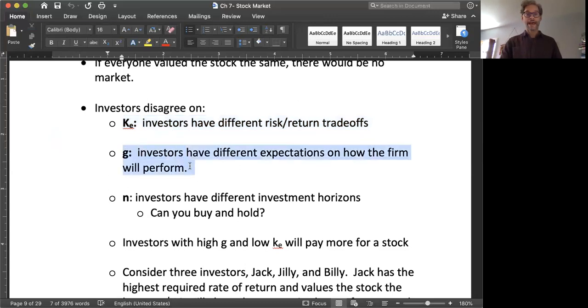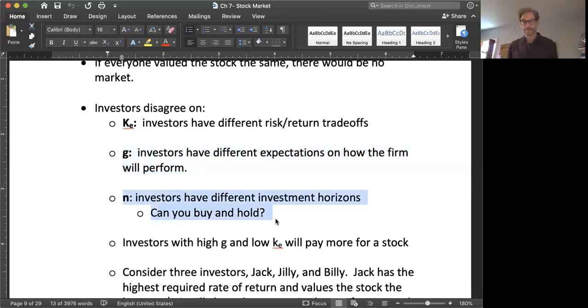Also, investors are going to have different expectations about how the firm will perform that will influence G, the growth rate of dividends, right? There's going to be different opinions about how well a company is going to do in the future. Some people might be bullish, some people might be bearish. Different investors have different investment horizons, right? Some investors are buying stock and holding it for the long term. Other investors might just be holding it for days.